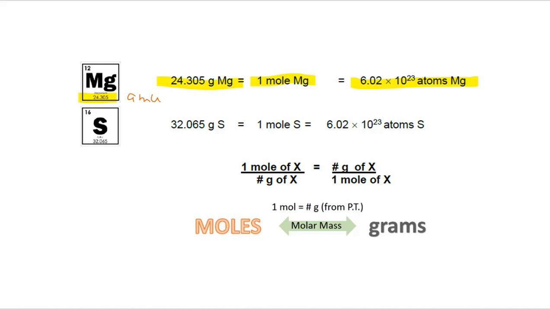And what's great about seeing these equalities is that we can make conversion factors because of this.